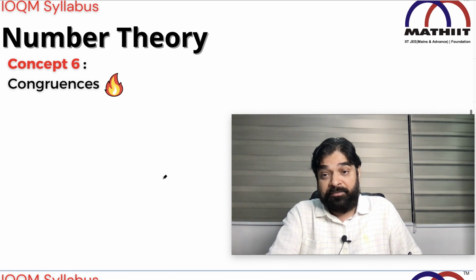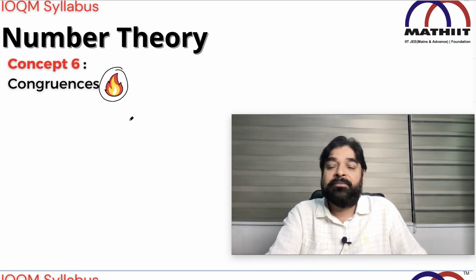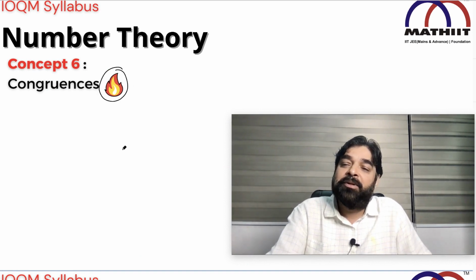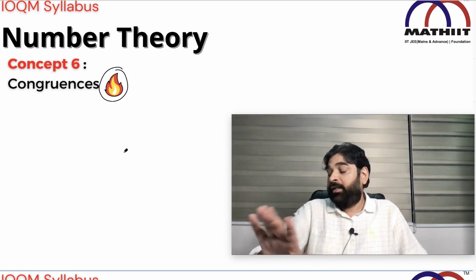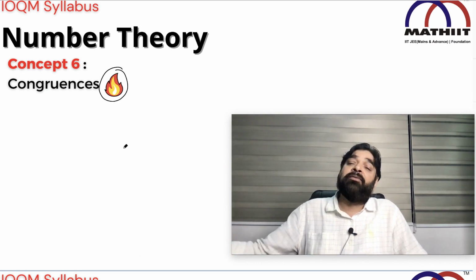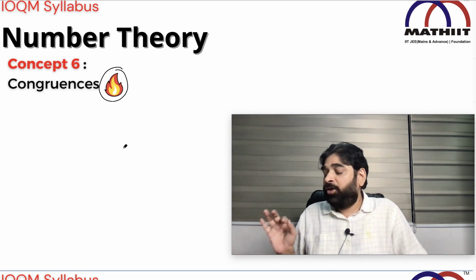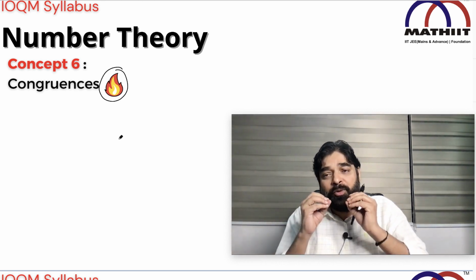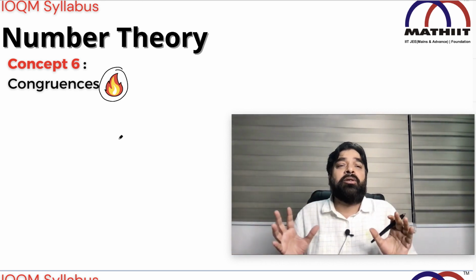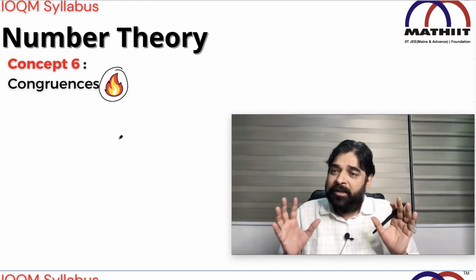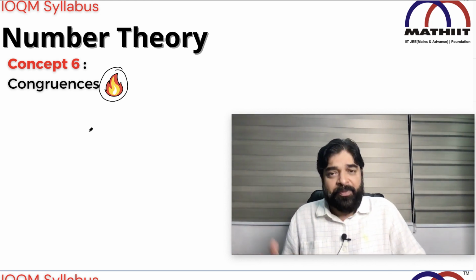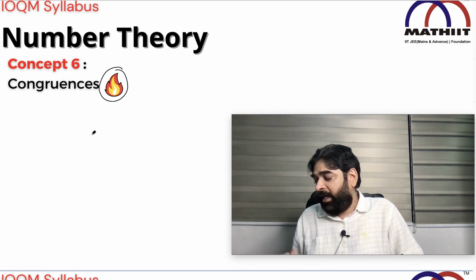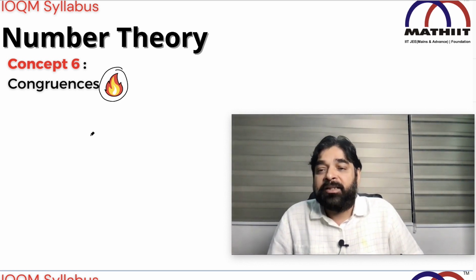Concept 6, fire. You know why? Because this is the main thing of number theory. Congruency, if you don't know it, you cannot get confidence in the next stage of your IOQM. In the first stage, maybe you will not find that much difficulty, but congruency you should know.